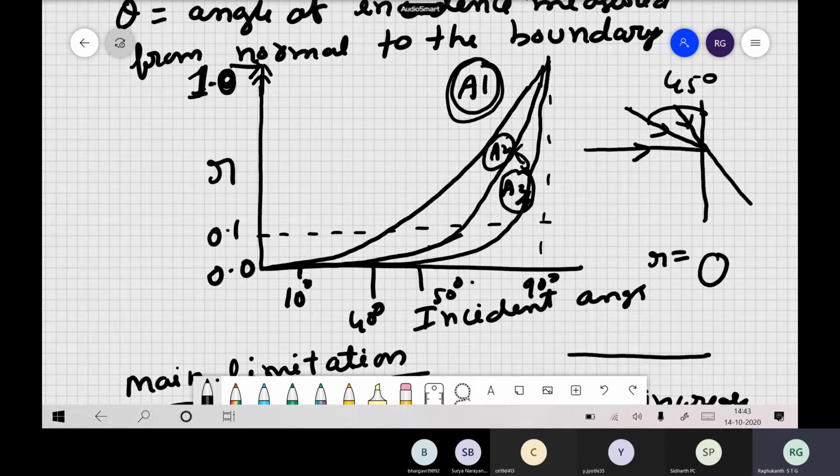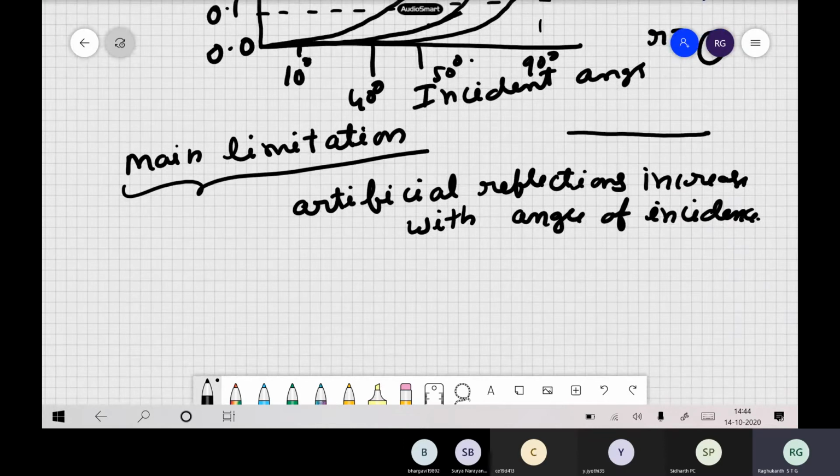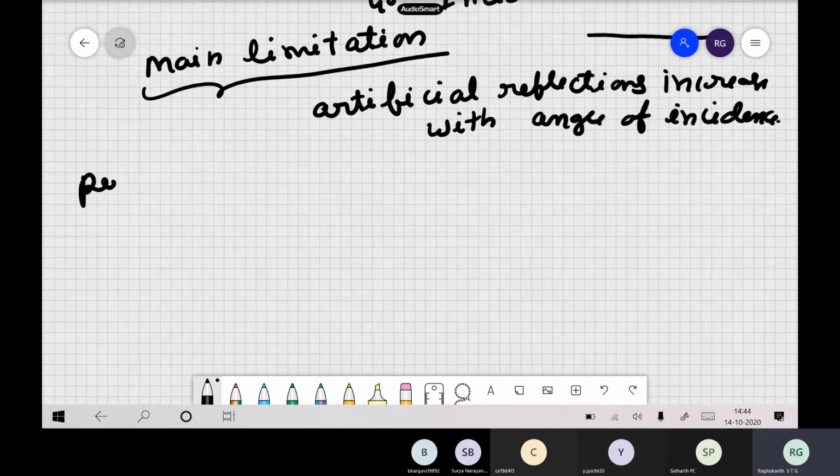At a boundary you will have waves coming in all kinds of directions, at all kinds of angles, but the error will be more for waves which are highly inclined, close to 90 degrees. Otherwise the errors come down, and the paraxial boundary conditions give you nice results. Of course, this is the main limitation of the paraxial boundary conditions. That's why people went for PML. You followed it.